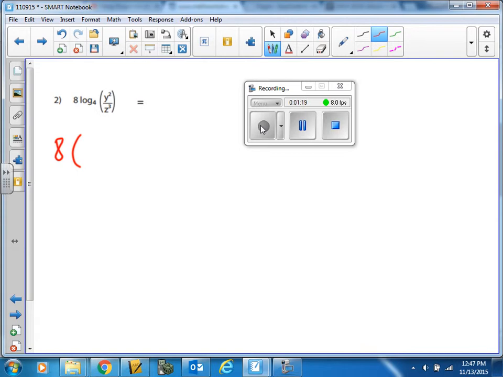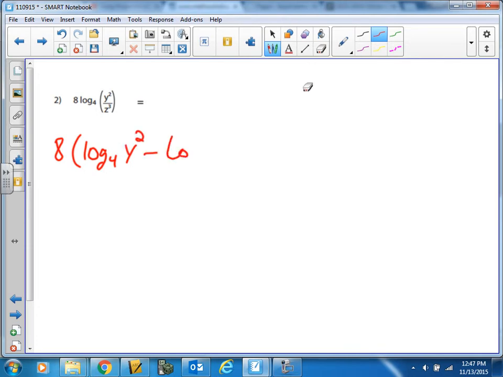Okay, so it's going to be log base 4 of y squared minus log base 4 of z to the third.